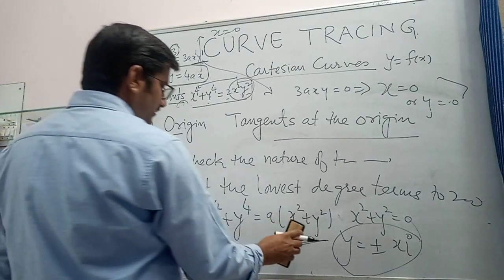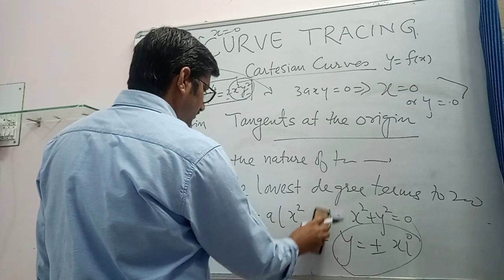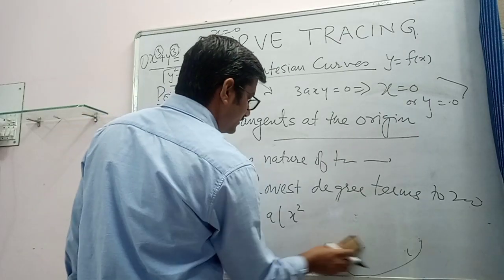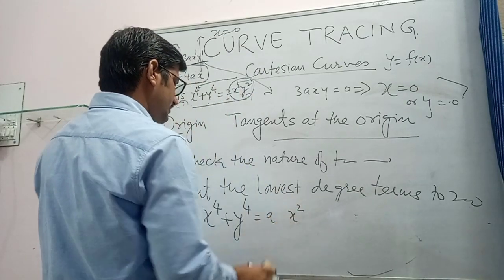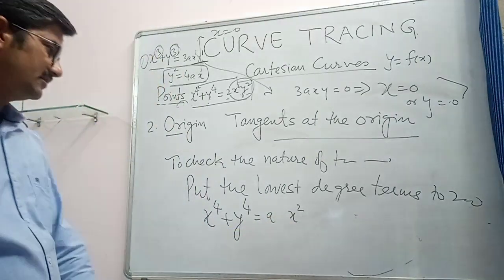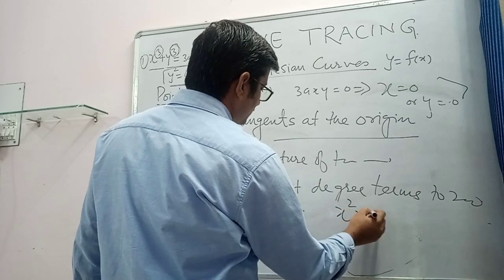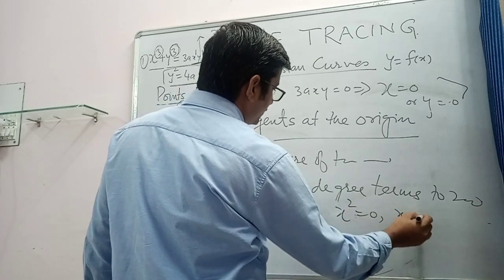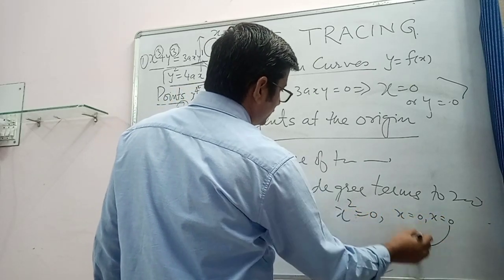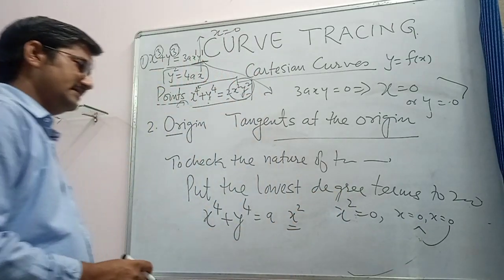For example, we have here a into x square, and if we put the lowest degree term 0, so x square is 0, it means x equal to 0, x equal to 0. So both the tangents are real but coincident, they are the same.